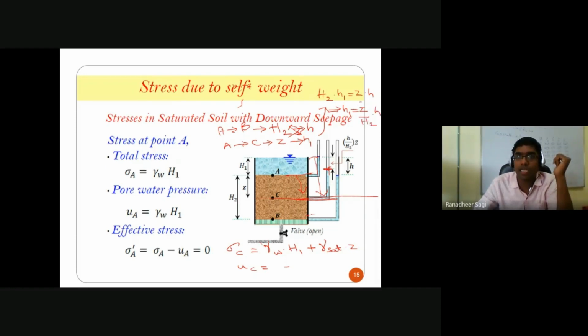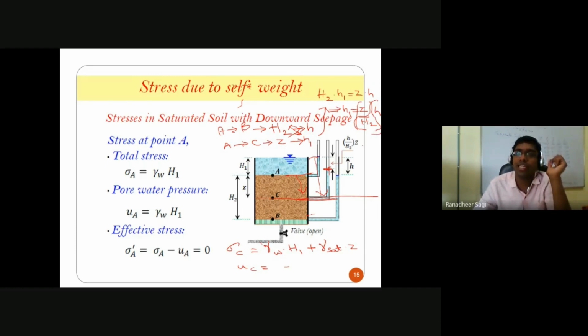And what is this? Sorry, not z by H2, rather I should just take small h by capital H2. Small h by capital H2 is nothing but what I can write as the hydraulic gradient.